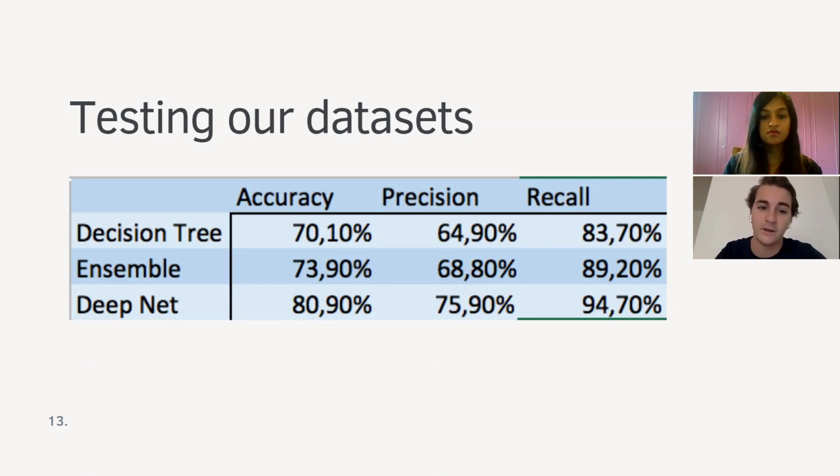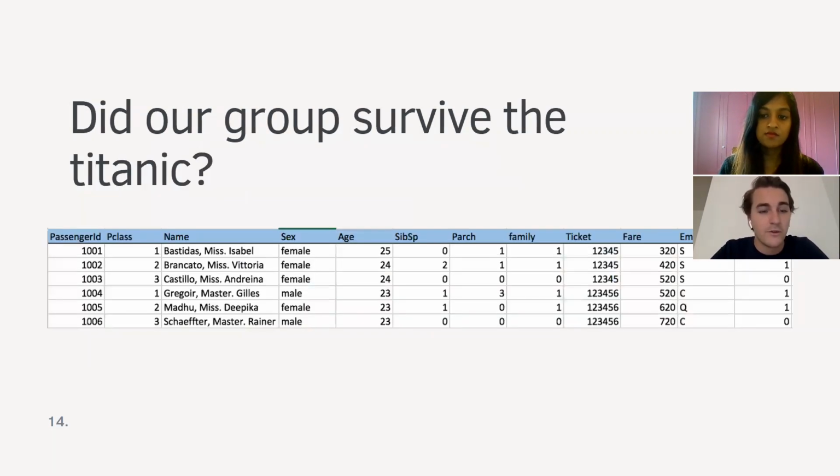And what is very significant here is that with our DeepNet, we got almost an accuracy of 81% and a recall of almost 95%. So for this reason, when did our group survive the Titanic, we used the model DeepNet as well to predict it for our group, as we got the highest accuracy with that model.